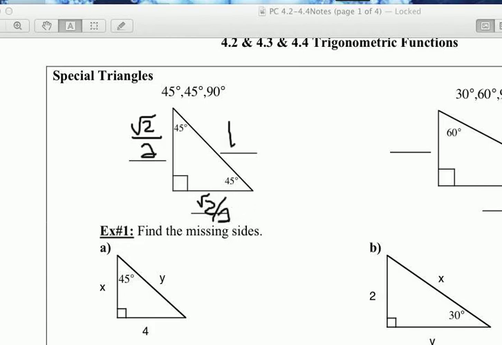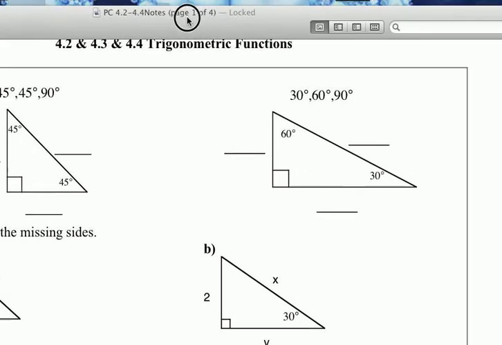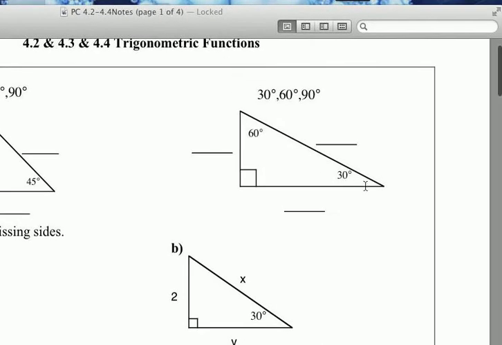The other triangle I want to take a look at is the 30, 60, 90 triangle. This triangle, again, is named after its angles, 30, 60, and 90. We have to be a little bit more careful with the side length ratios because here the angles are different. Once again, because we're on the unit circle, the hypotenuse has a length of 1.